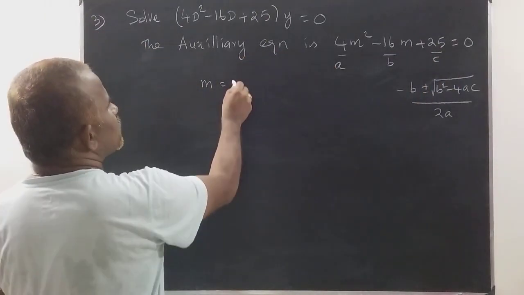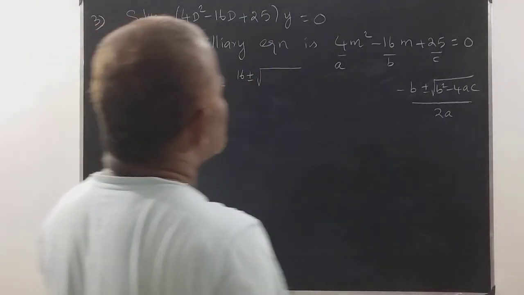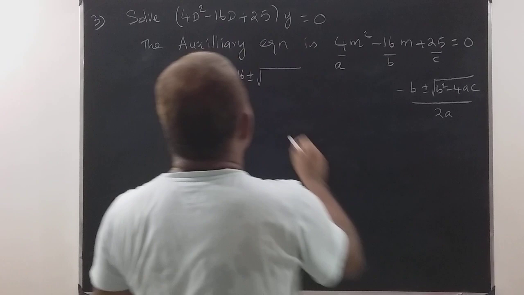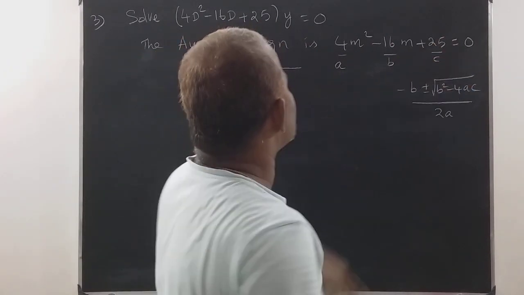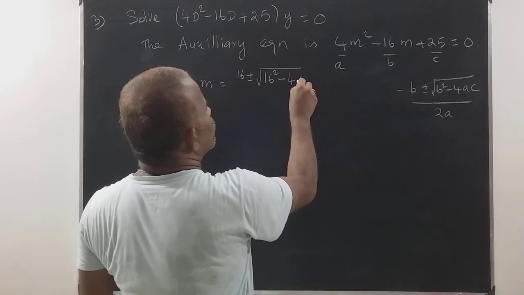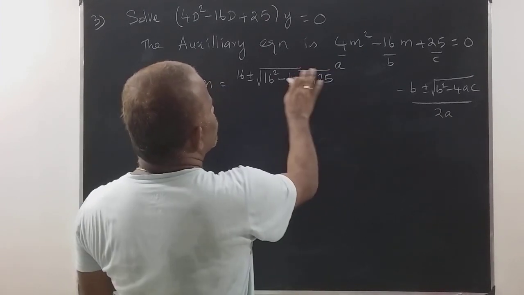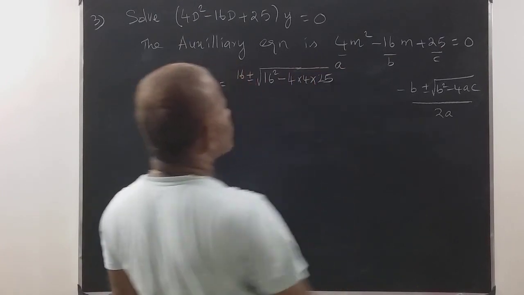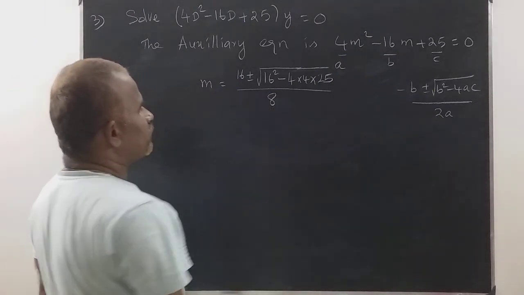So minus b is 16, plus or minus root of 16 squared minus 4 into 4 into 25, divided by 2a, which is 8.